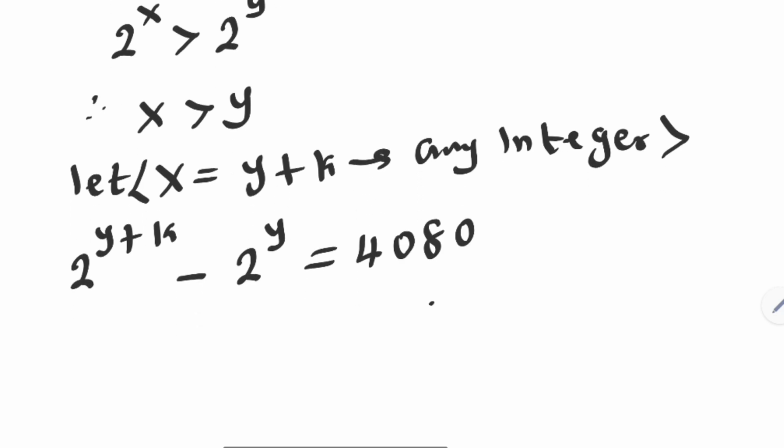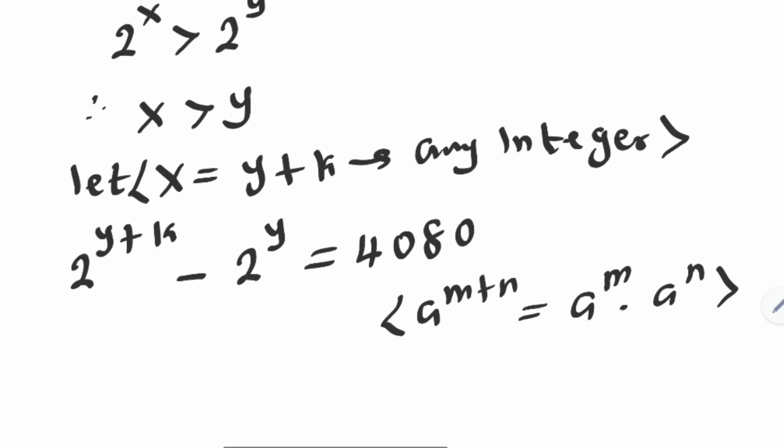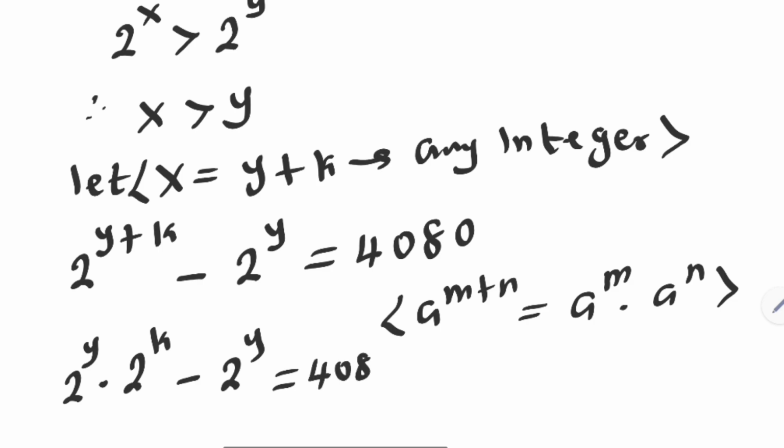If you have a raised to power m plus n, this is equal to a raised to power m multiplied by a raised to power n. This can be written as 2 raised to power y multiplied by 2 raised to power k minus 2 raised to power y is equal to 4080.